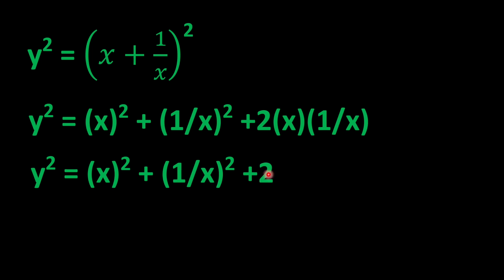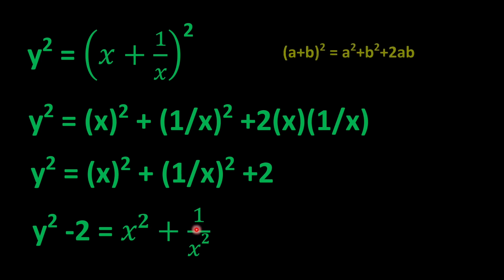And now we will send this plus 2 to the other side of the equation, so it will become minus 2. So overall this will become y square minus 2 equal to x square plus 1 over x square. So now we have the value of x square plus 1 over x square as well.